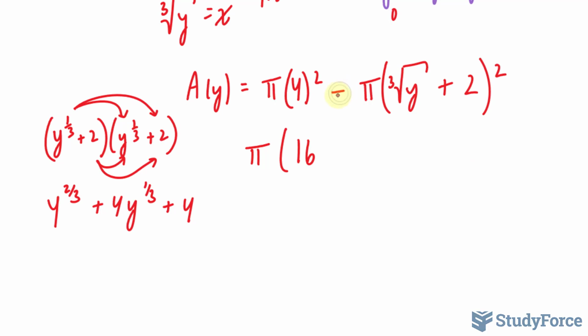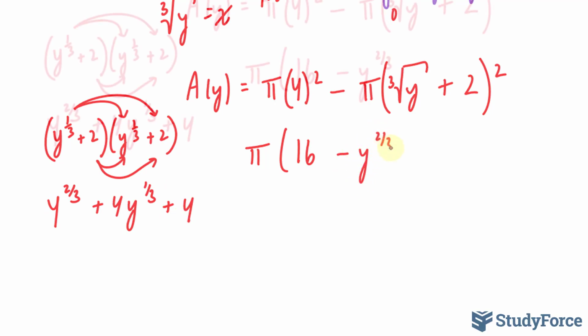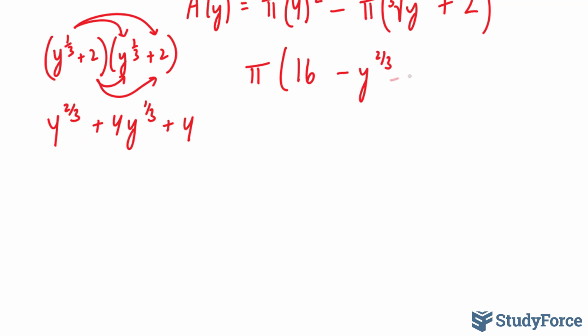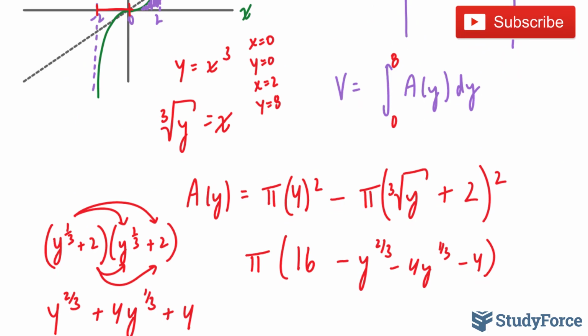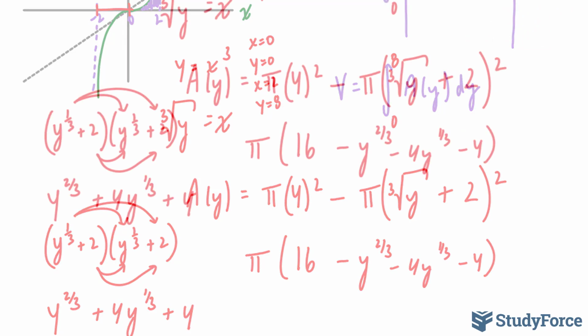Now, since there's a negative outside of this binomial, each of these terms also becomes negative. So y to the power of 2 over 3 minus 4y to the power of a third minus 4. I finally produced my A of y function.